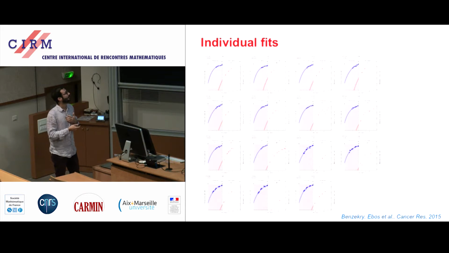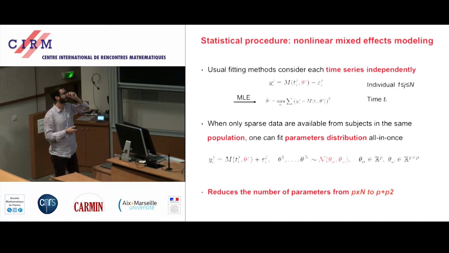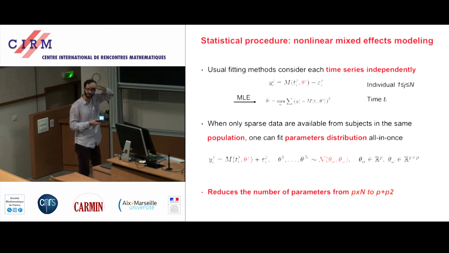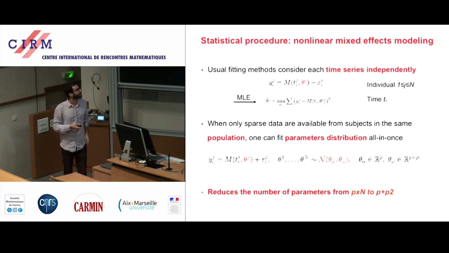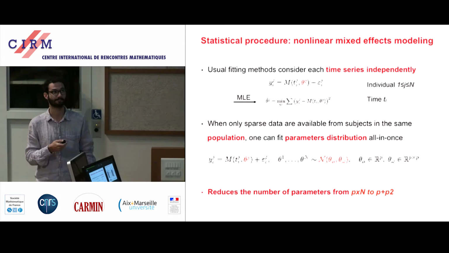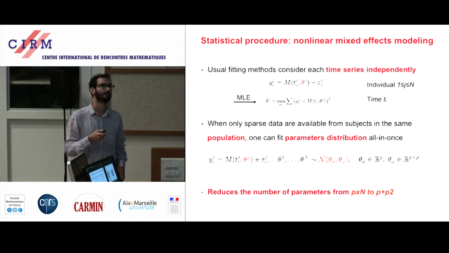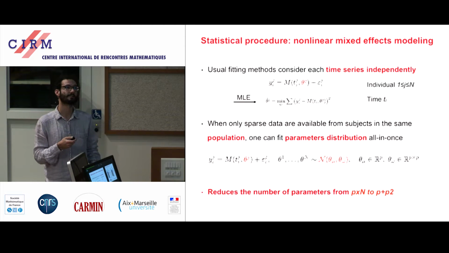I don't take into account this information when I do the fits individually. This is the idea behind the mixed effects modeling approach that was presented by Niklas also yesterday. In the classical approach for fitting time series, when you do the maximum likelihood estimation, you minimize the least squares individually.